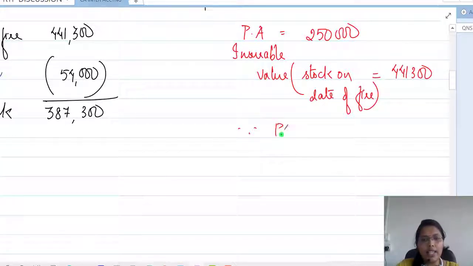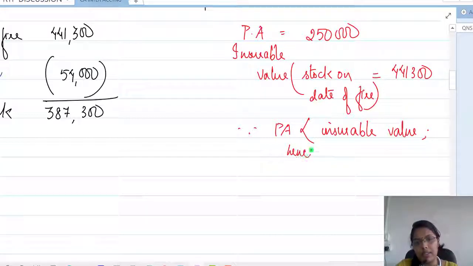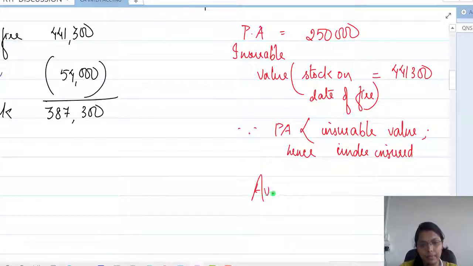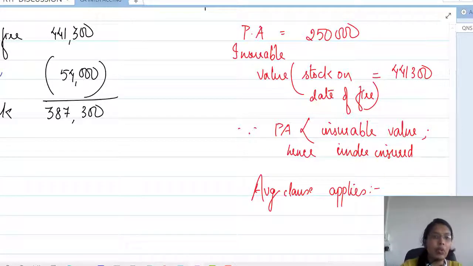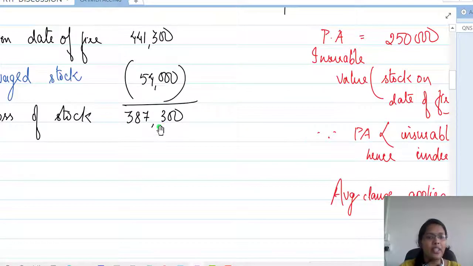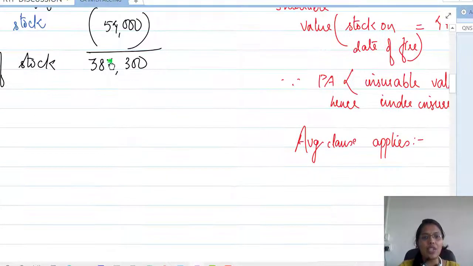So therefore the policy amount is less than insurable value and hence the policy is underinsured, or stock is underinsured. And if it is underinsured, average clause gets applied. And if average clause gets applied, he will not receive the entire amount that is actually lost. Since he has underinsured, he will get only that proportion of his actual loss.